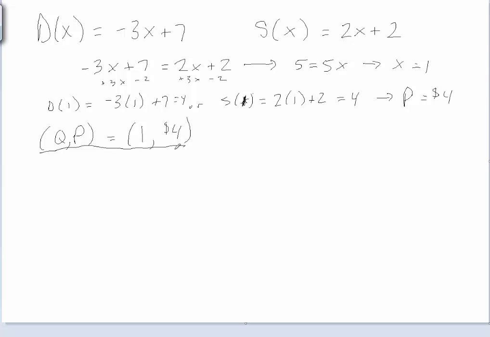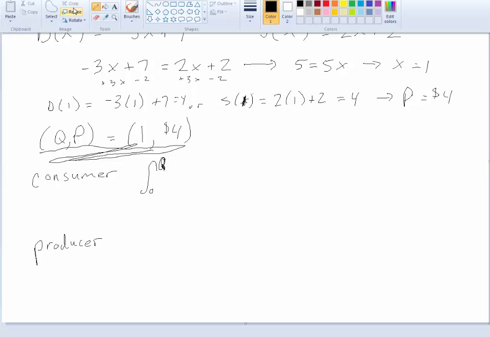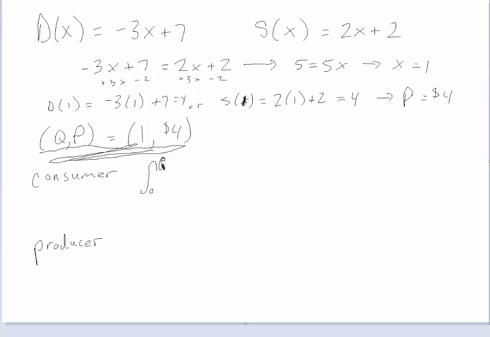So we now have this equilibrium point QP, which equals 1, $4. From here, we can find consumer surplus and producer surplus. Consumer surplus is going to be, that's kind of ugly, let's look at that.